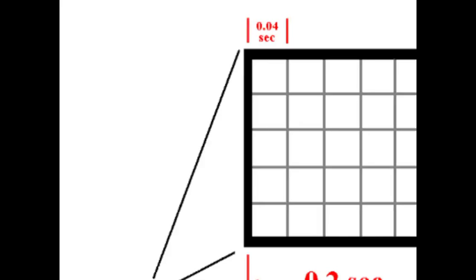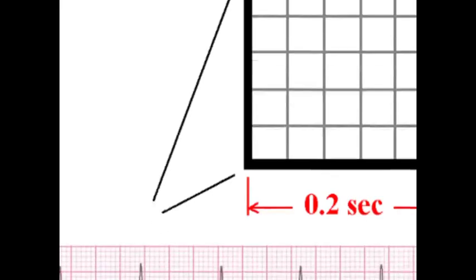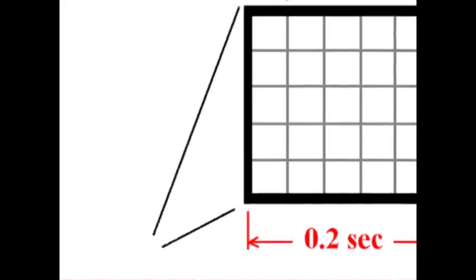So it represents the amplitude of the electrical activity of the heart, and it is measured in volts. The vertical line represents the amplitude of the heart's electrical current.